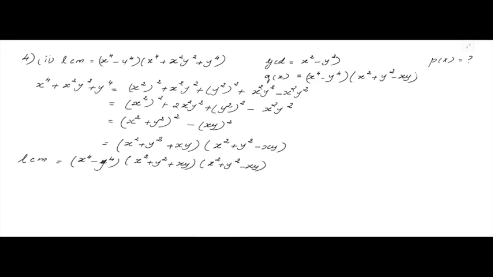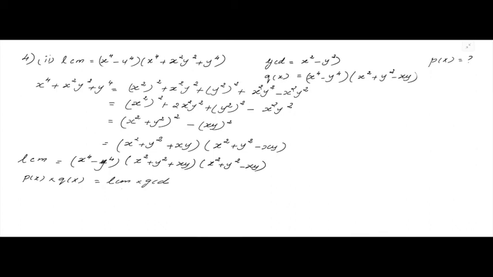In q of x also I am not going to do anything. Let it be the same, no change in that. Now you write your form, what it is. Here you are having p of x and q of x, isn't it? So you write p of x into q of x is equal to LCM into GCD. And you are asked to find p of x.